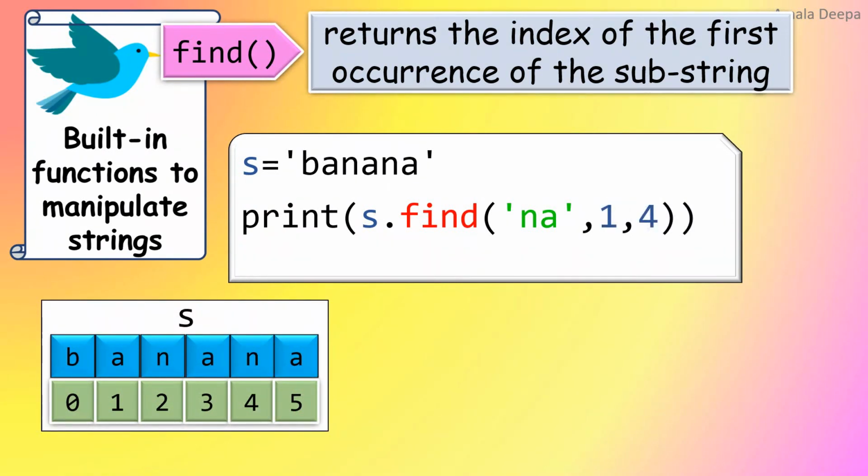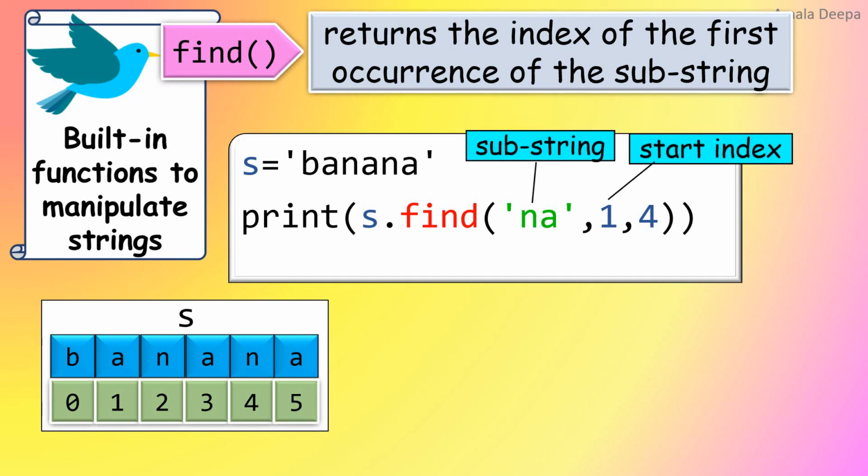Here 4 is the index of the substring. Next, same find function with 3 parameters. S dot find, first NA is the substring, 1 is the start index and 4 is the stop index. So from 1 to 4. So here in the array, the start index will be 1 and stop index must be 3.